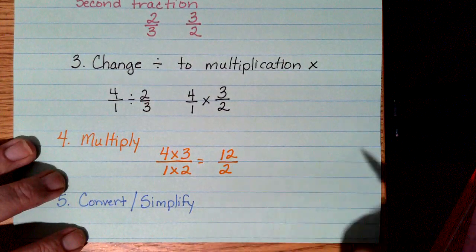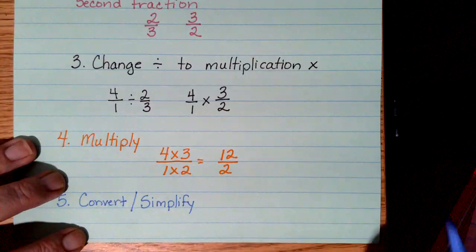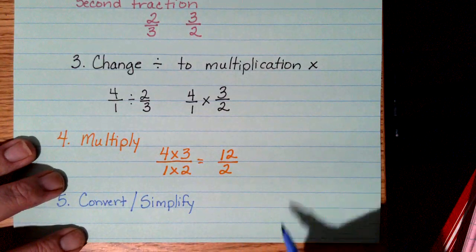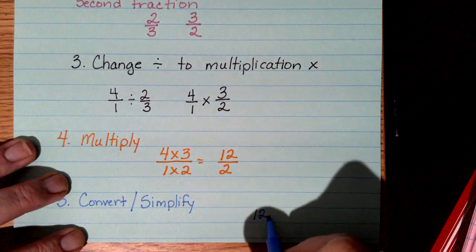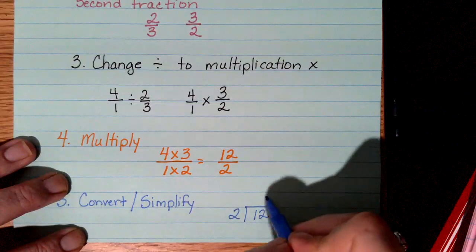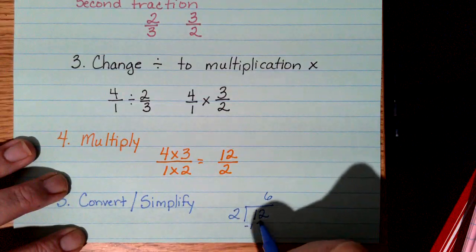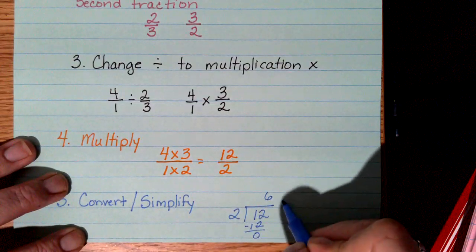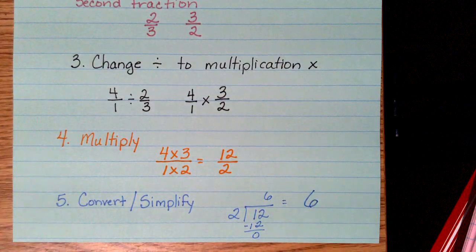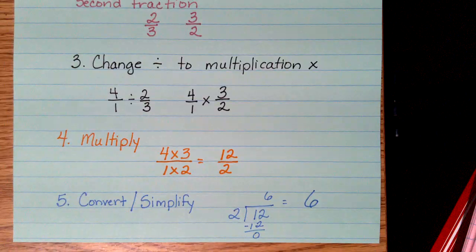The GCF between 12 and 2 is 2, and you could divide and you would get 6 over 1. Or you can do this division here where 2 goes into 12 6 times. Our answer is 6. So 4 divided by 2/3 equals 6.